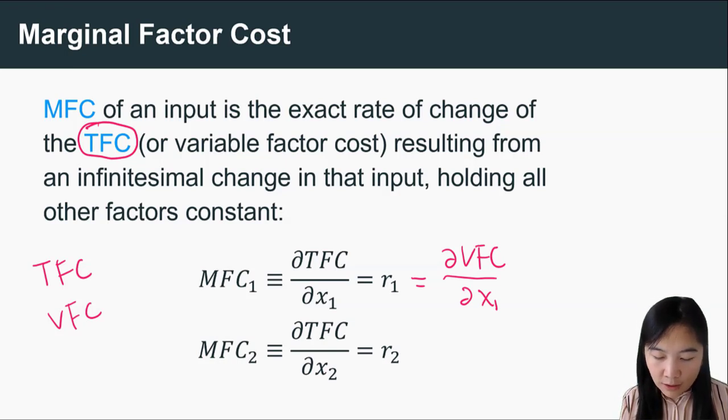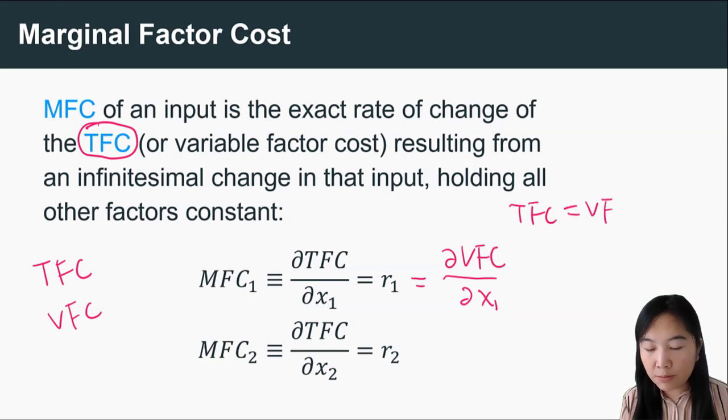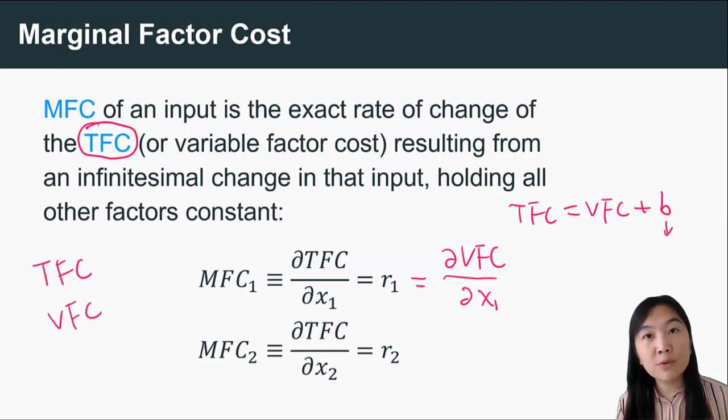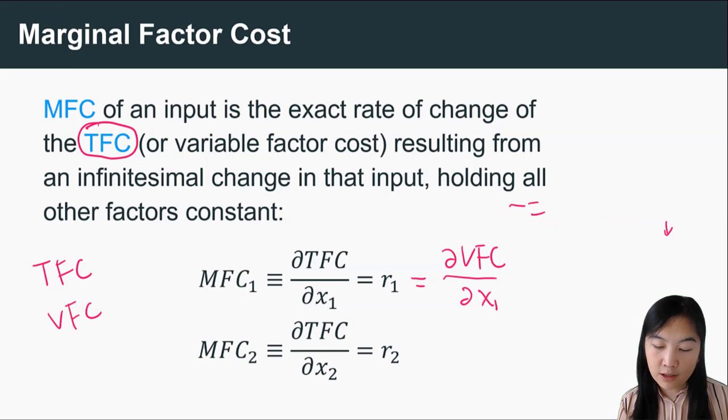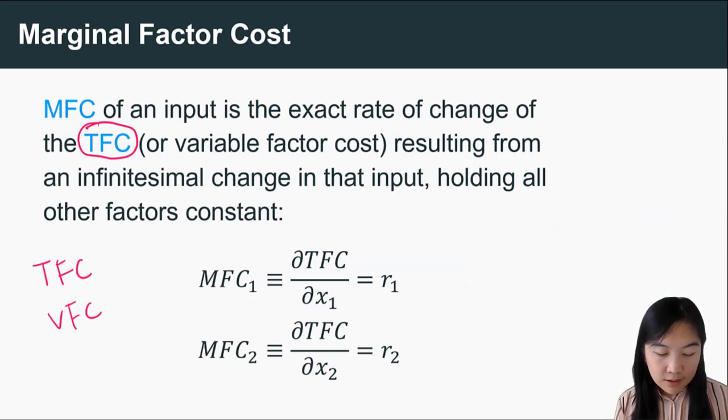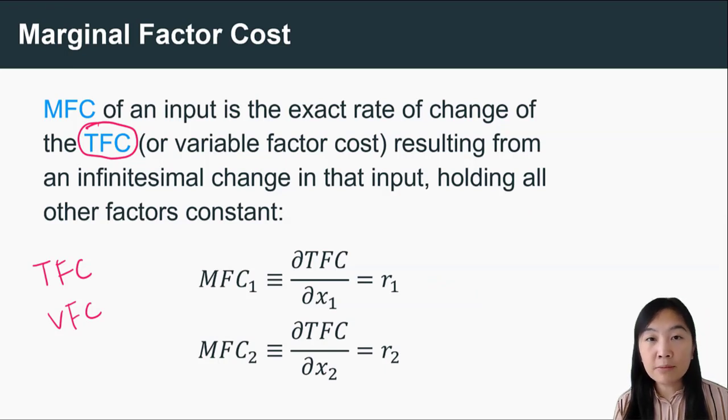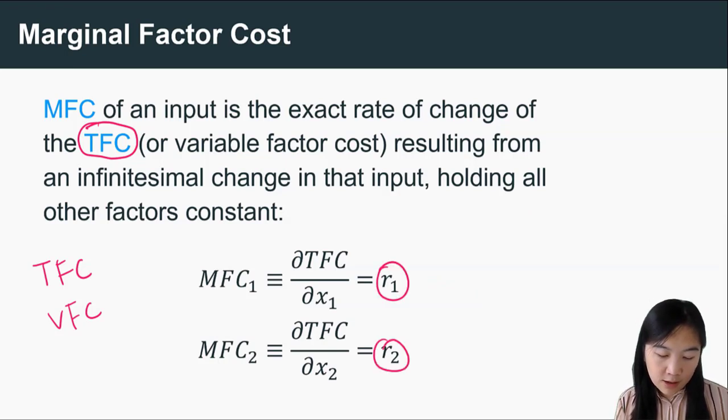It's because total factor cost is equal to variable factor cost plus B. And if you take the derivative of B with respect to either X1 or X2, then it's 0. So that's why the marginal factor cost is the same for either TFC or VFC. So again, similar to the one input case, the marginal factor costs are constant here, which are just the input prices.